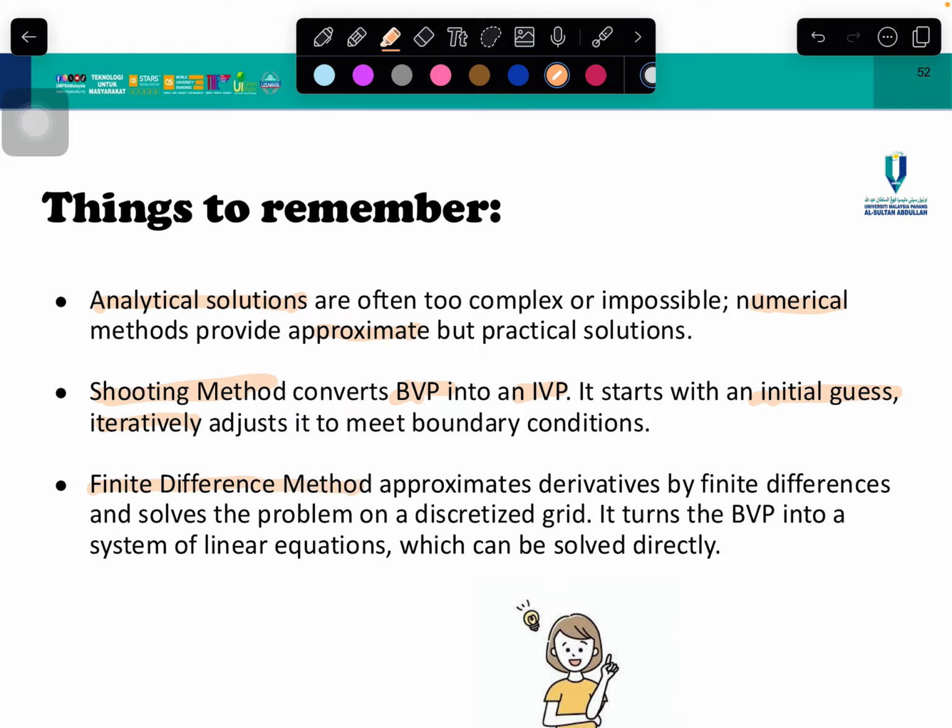In finite difference method, it approximates derivatives by finite difference and solves the problem on a discrete grid. It turns the BVP into a system of linear equations, which we can convert into the tri-diagonal matrix system, and we can solve that directly.